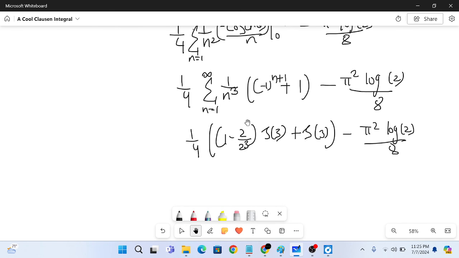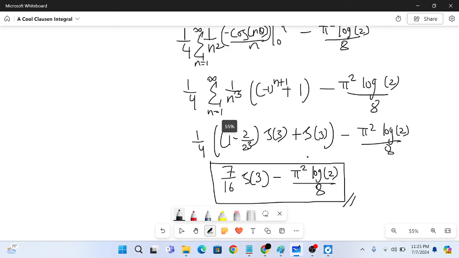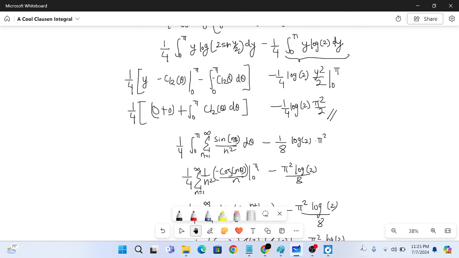So 4 minus 1, 3 by 4, plus 1, 7 by 4, and this is 7 by 16 zeta of 3 minus pi square log 2 by 8. So this is a good answer. 7 by 16 zeta of 3 minus pi square by 8 log 2. Yeah, that is the answer.